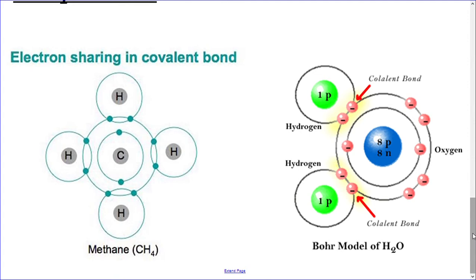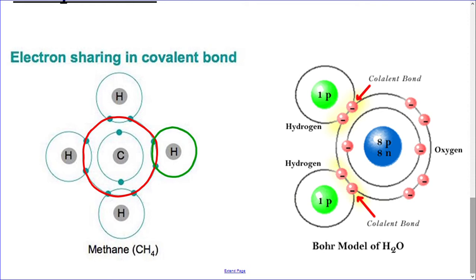But there are 4 hydrogens that also want to overlap to fill their outside shell, which only needs 2. So when carbon is satisfied, it has 8 electrons in its outside ring. But each hydrogen also gets a benefit, because each hydrogen is picking up 2 electrons, and that's what hydrogen needs to be stable as well.